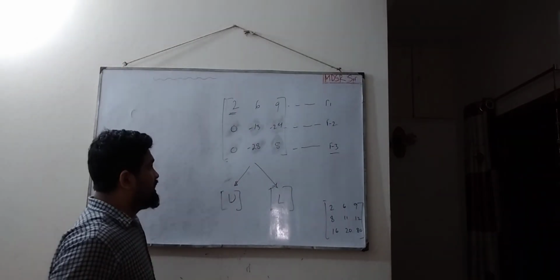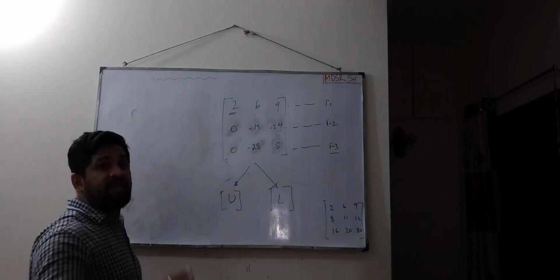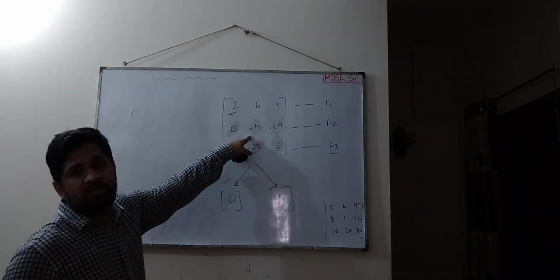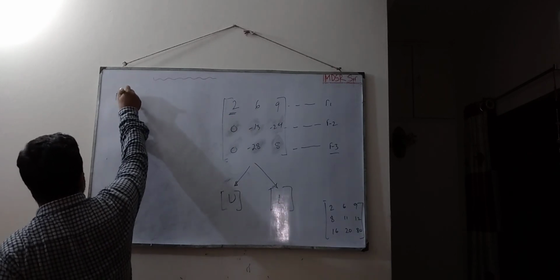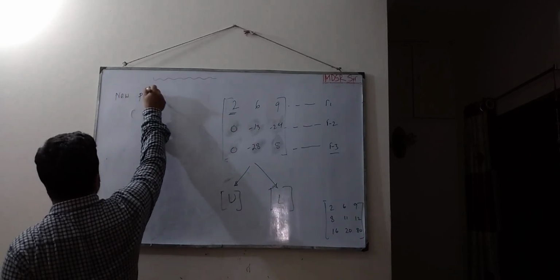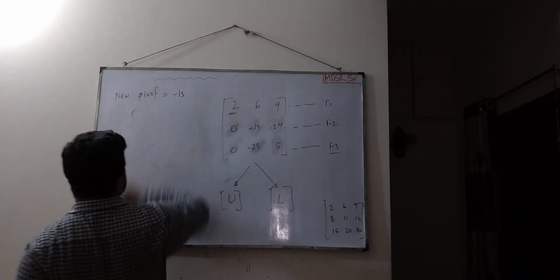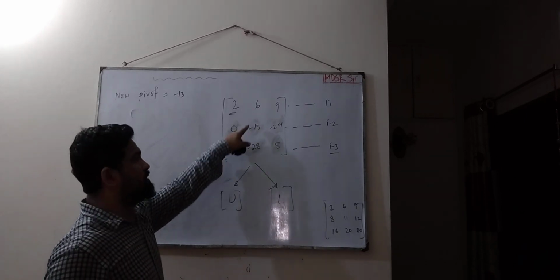No technical stuff, as simple as that. So it's a naive Gauss elimination. We have our new pivot, equal to minus 13.